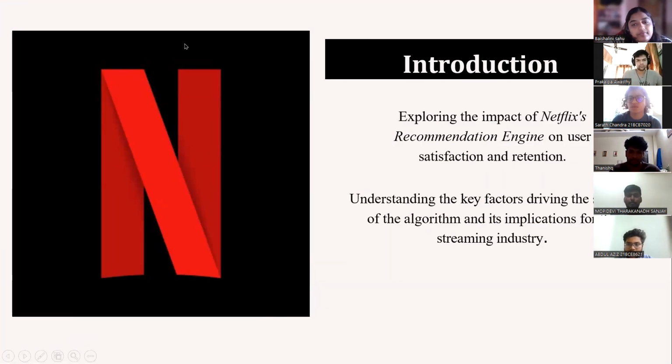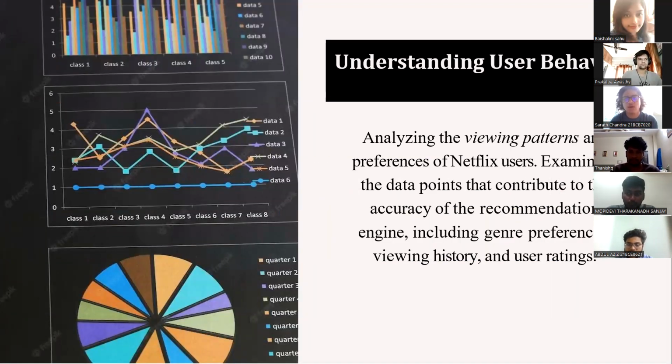In this project, we try to understand the key factors and develop an algorithm so that the website can successfully give proper recommendations to users. We've used a data set of around 5,000 to 6,000 movies and series.